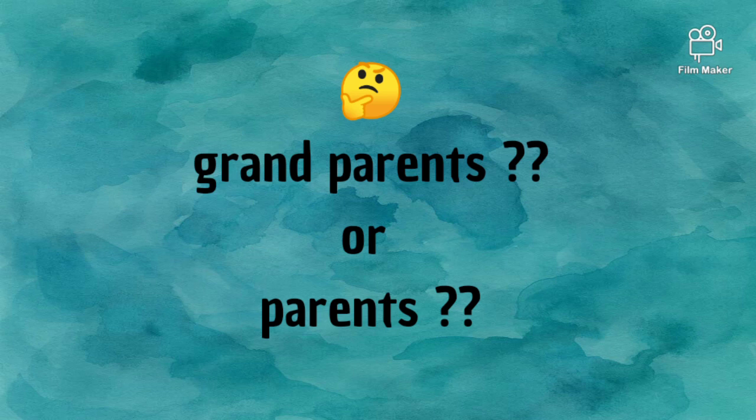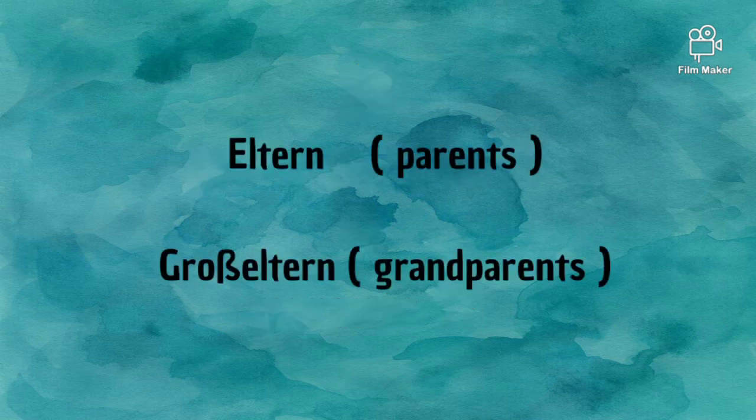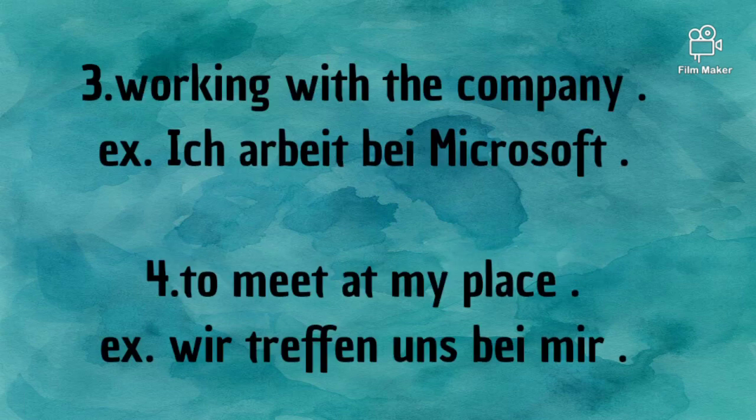Remember friends that grandparents is Großeltern and parents is only Eltern, so don't get confused. Now working with a company, that is Ich arbeite bei Microsoft, means I work with the Microsoft company. Next one is to meet at my place. Wir treffen uns bei mir. We shall meet at my place.